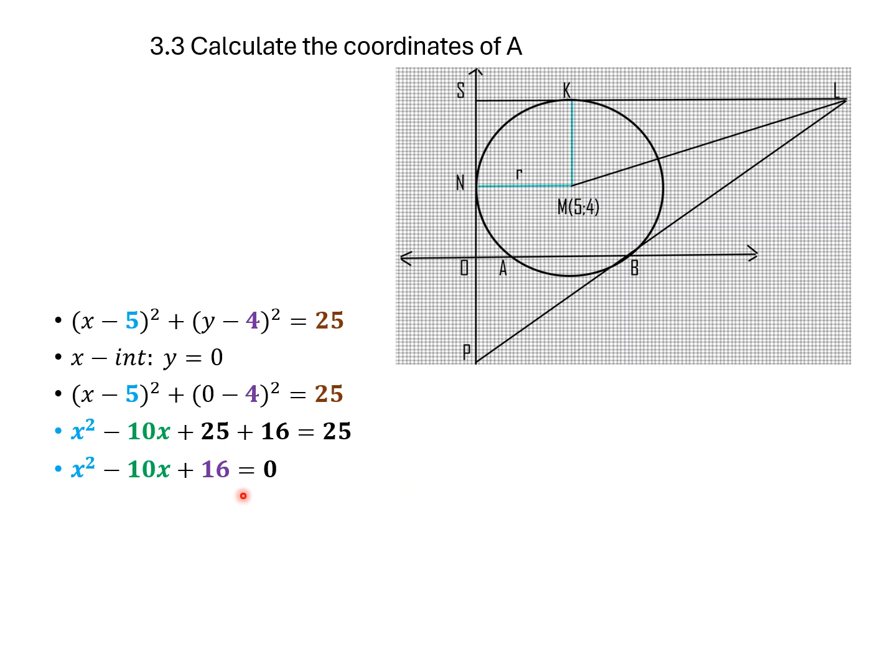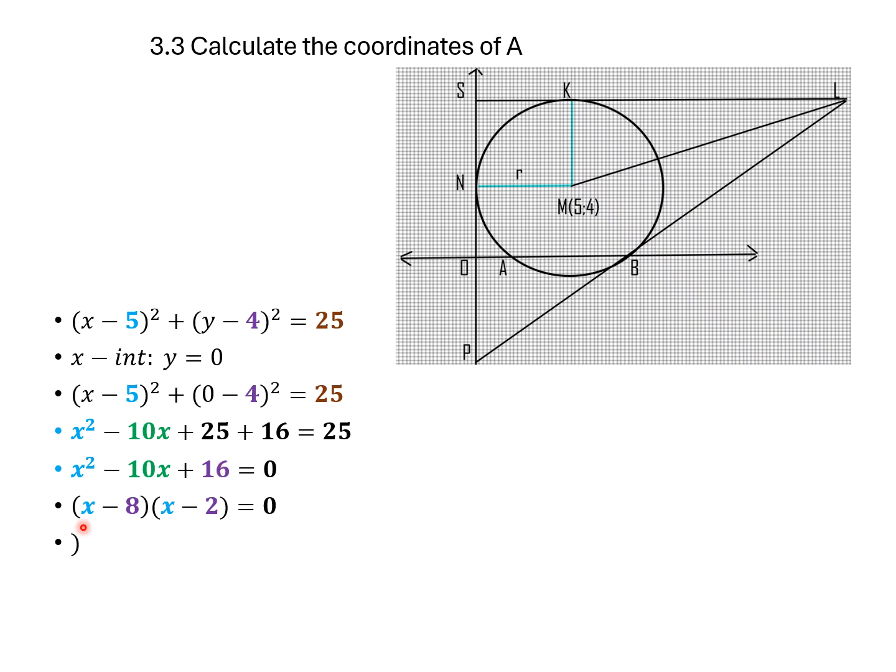Factorize: I need the factors of 16 that add to 10. 8 times 2 gives me 16, and 8 plus 2 gives me 10. So (x minus 8)(x minus 2). Negative 8x minus 2x gives minus 10x, and negative 8 times negative 2 gives positive 16.